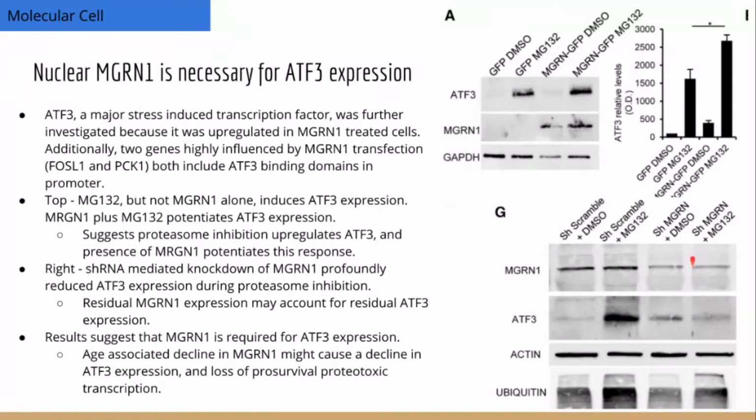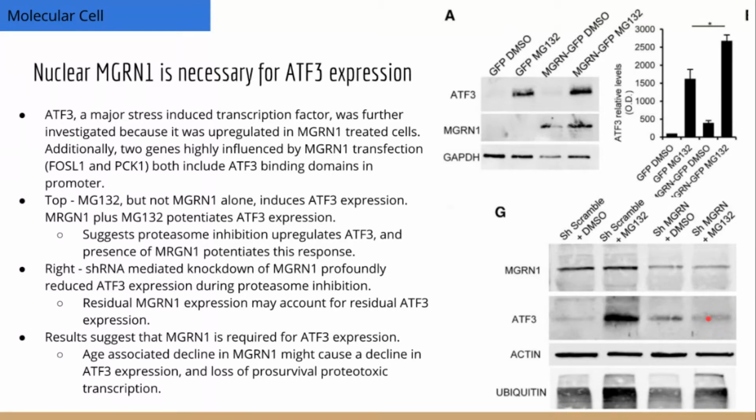What this means is that the presence of short hairpin RNA towards MGRN1, the knockdown of MGRN1, is capable of completely preventing the ATF3 response to proteasome inhibition, which is really quite amazing. This suggests that MGRN1 is required for ATF3 expression, because when you knock down MGRN1, the proteasome inhibitor MG132 cannot mount the expression of ATF3.